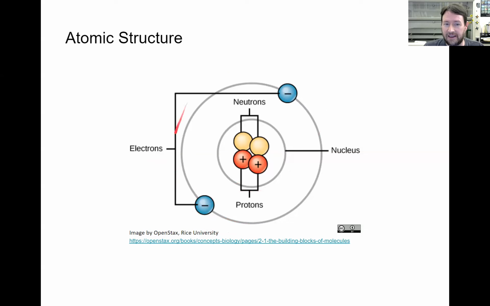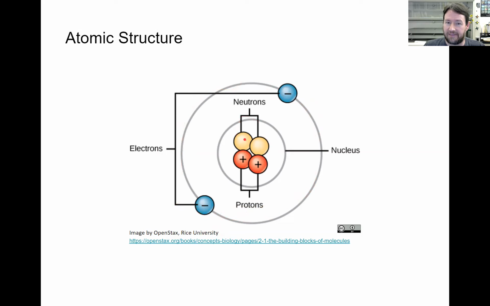If we zoomed in on it with a super powerful microscope, we can't actually do this, but if we could, we might visualize that there's maybe four big, bulky, massive particles in the nucleus of the atom, so at the center, and then there are two very light, very small particles that are orbiting that nucleus, and those would be electrons.